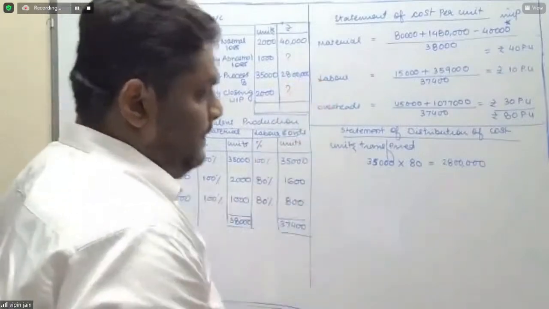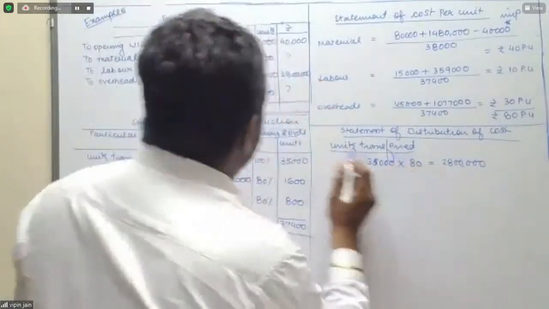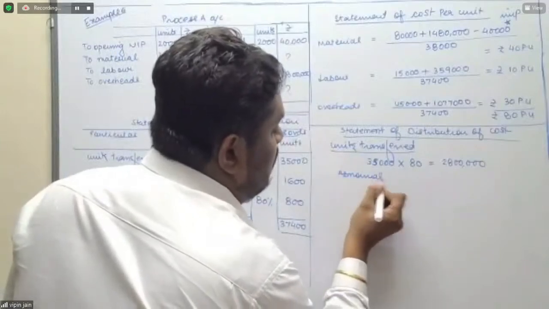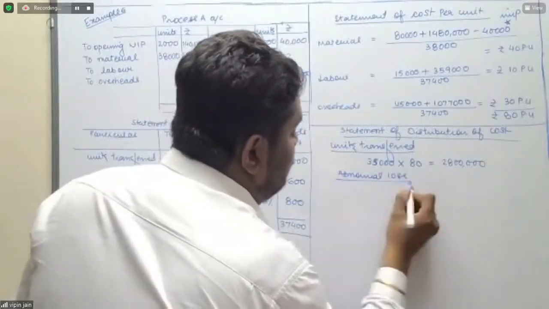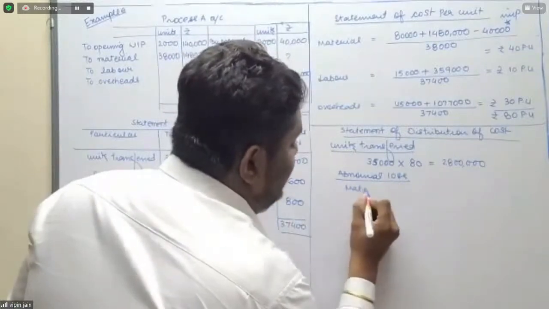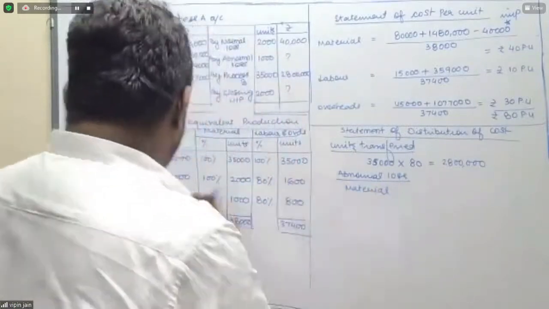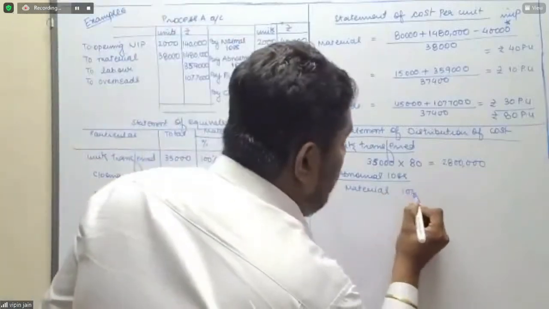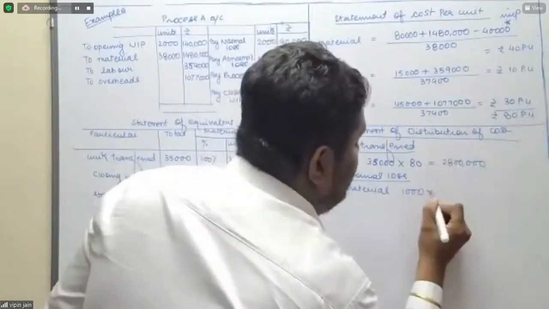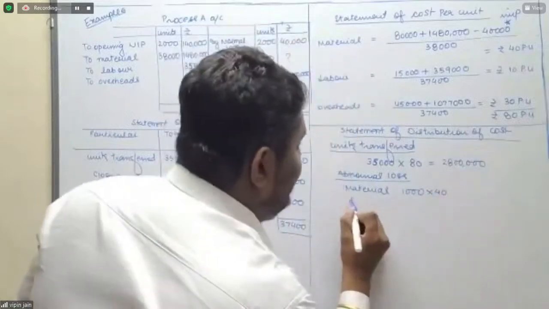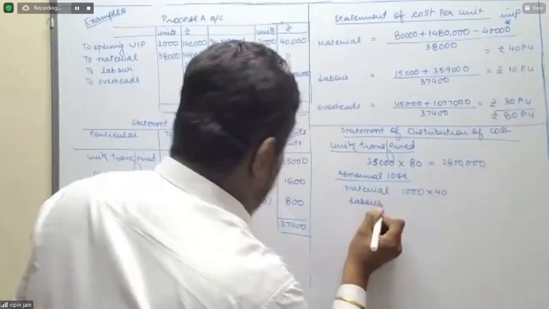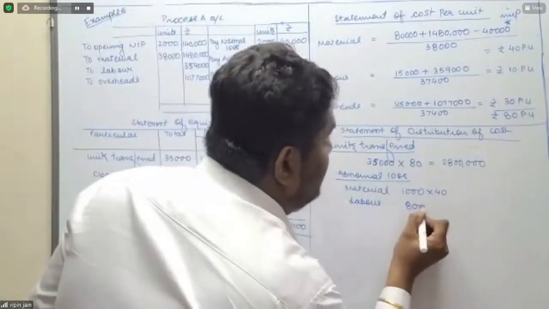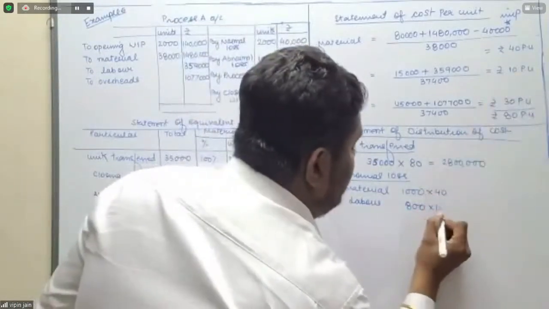So the first figure we have calculated, the value of 35,000 units transferred, is 28 lakh. Now let's calculate the value of abnormal loss. In material, the equivalent number of units are 1,000, so 1,000 into 40. In labor, the equivalent units are 800, so 800 into 10.